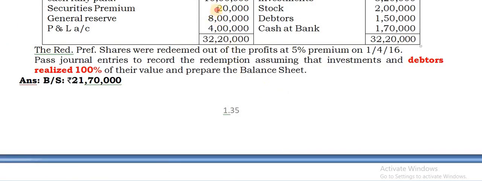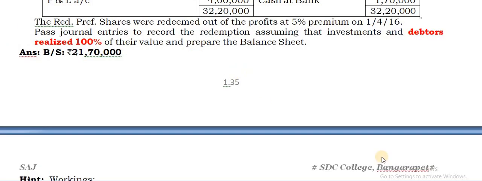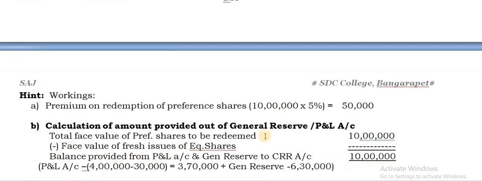But here only securities premium of 20,000 is there. So in that 50,000, if you minus that 20,000, the balance 30,000 is still to be provided. Now that 30,000 will be provided out of the profit and loss account. So the balance you will be getting is 3,70,000. That entire amount you make use of. Along with that you take the general reserve also. So the balance from general reserve is 6,30,000. 3,70,000 plus 6,30,000 gives you 10 lakhs.